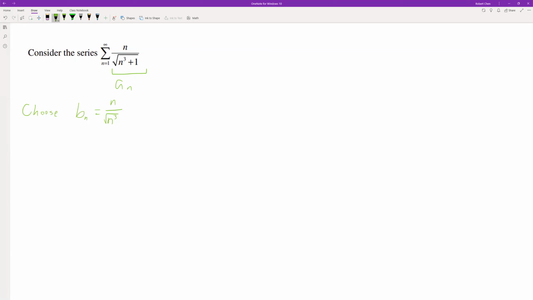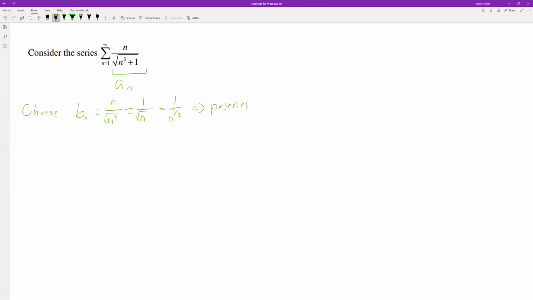This plus 1 in the denominator is not going to matter when n gets large, so we can drop that and simplify. That simplifies down to 1 over the square root of n, which is 1 over n to the power of 1/2. Now, this is a P series.